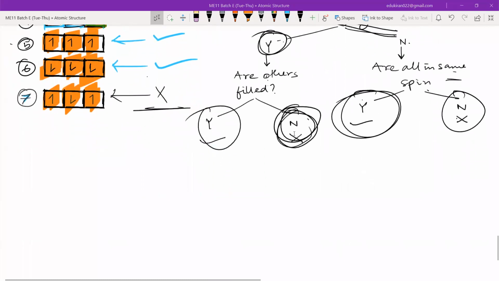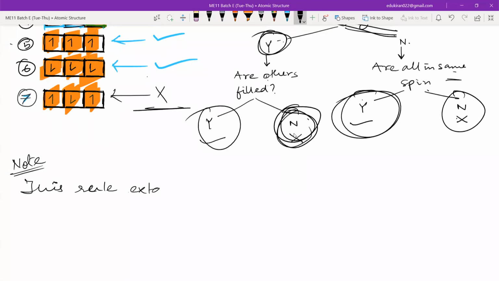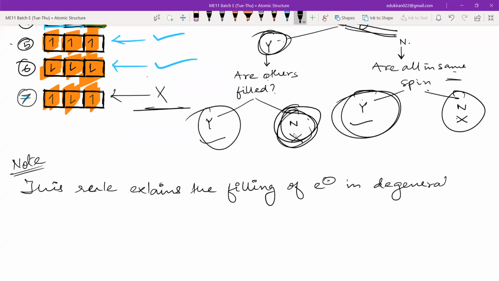So I hope you must have written all these. And then after that, let us write a note here. This rule explains the filling of electrons in degenerate orbitals.